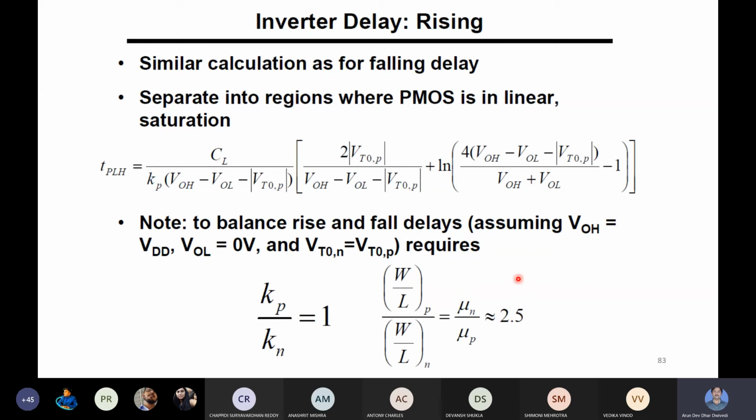So the width of the PMOS transistor should generally be taken 2.5 times or 2 times the width of the NMOS transistor, then the circuit will perform in this ideal condition, that VOH is equal to VDD, VOL equal to 0, and VT0N equal to VT0P in magnitude, which is a process parameter.